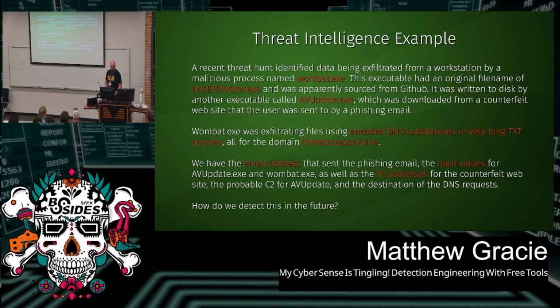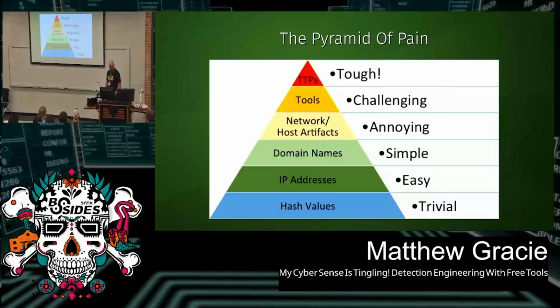So if we look at all of this intelligence in the context of David's Pyramid of Pain, we've got our hash values, our IP addresses, our domain names, our network artifacts, we've even got our tools, dnsexfiltrator.exe. So which indicator do you think would be the best for us to build the detection around?